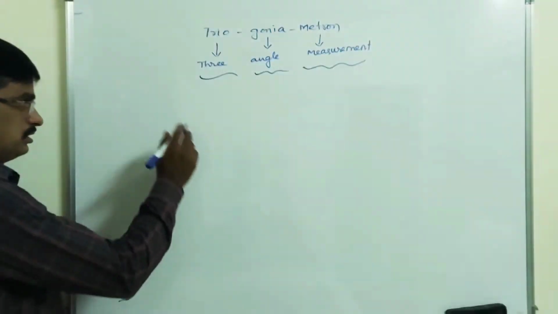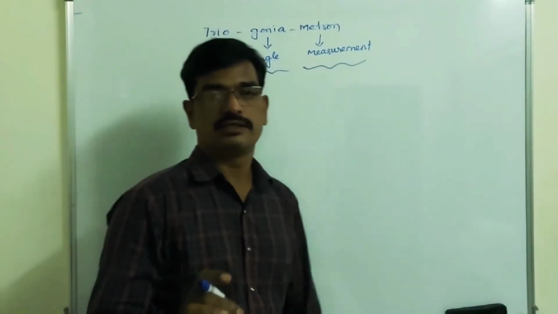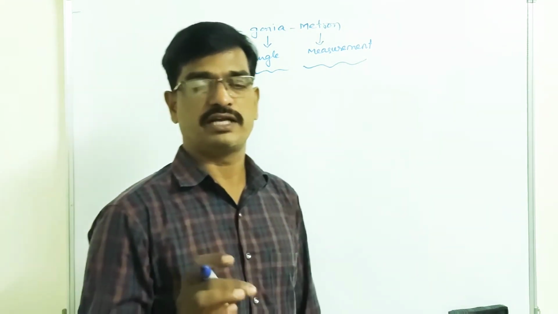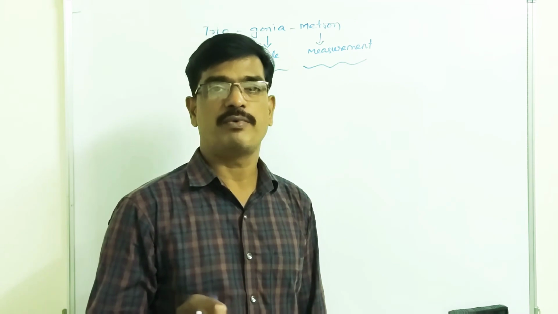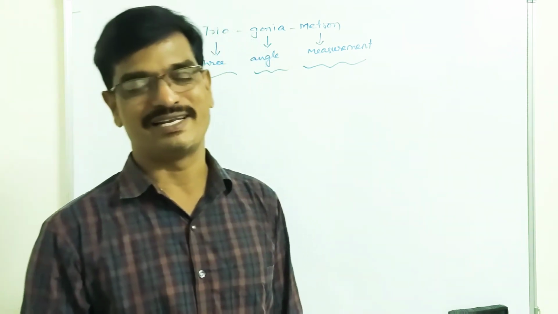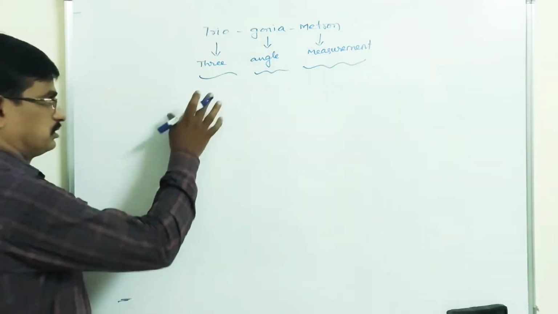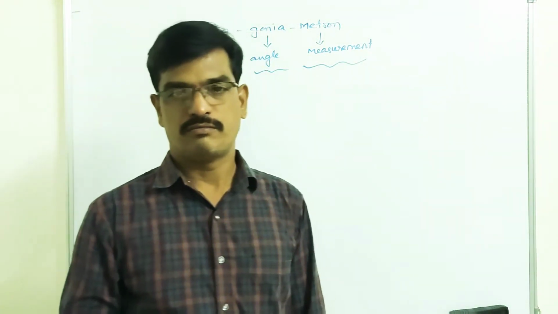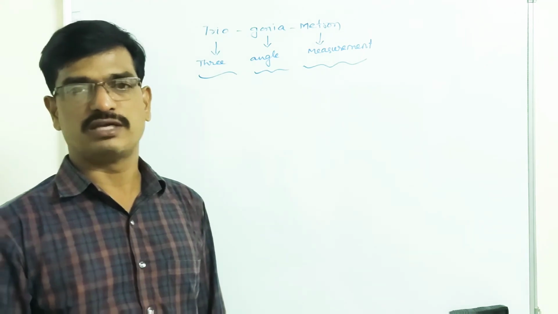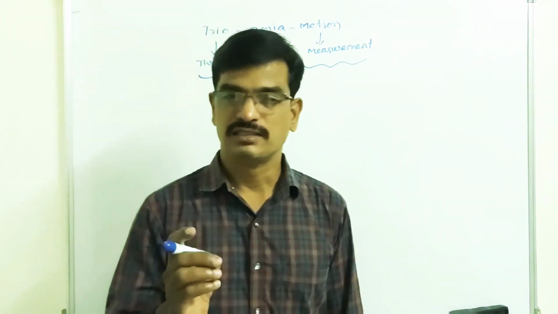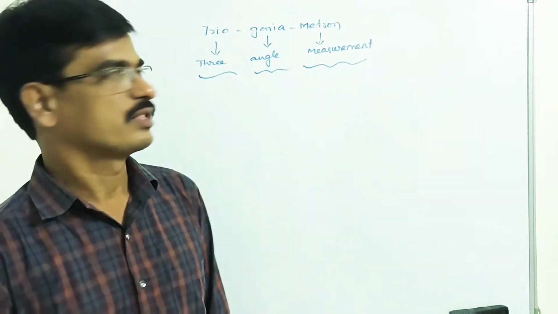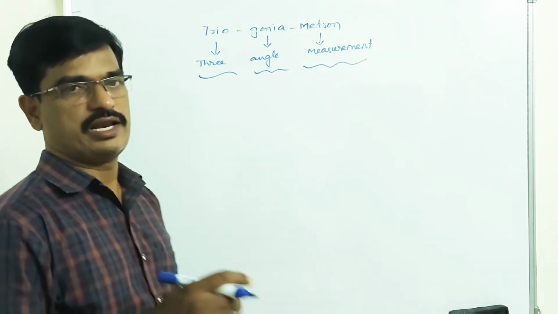The analytical study of the three sides and angles of a triangle with the help of a right triangle is called trigonometry. That is, trigonometry is a branch of mathematics which deals with the relation between the sides and angles of a triangle. So here we are taking the help of right triangles.